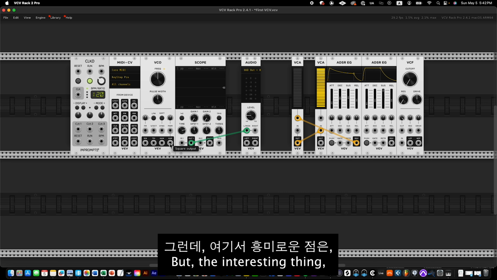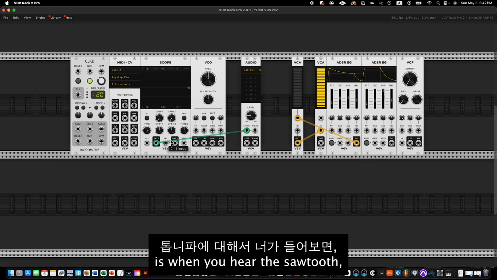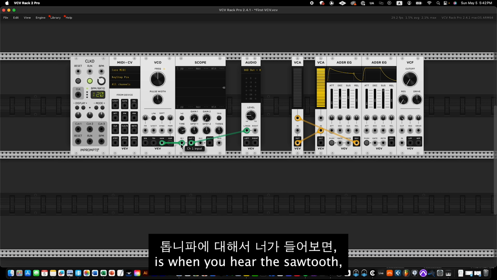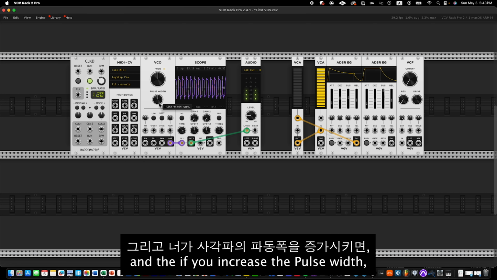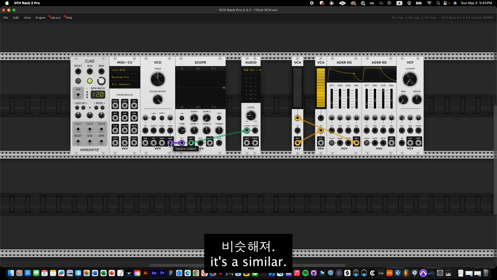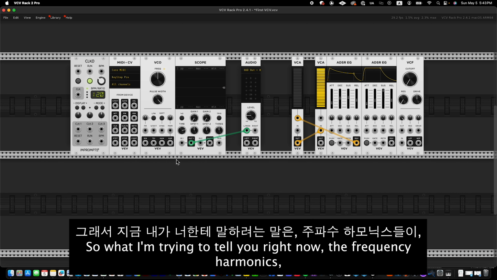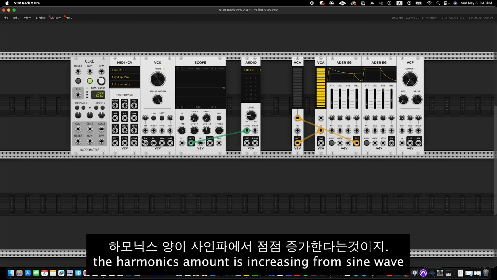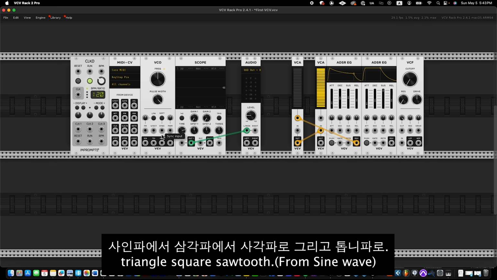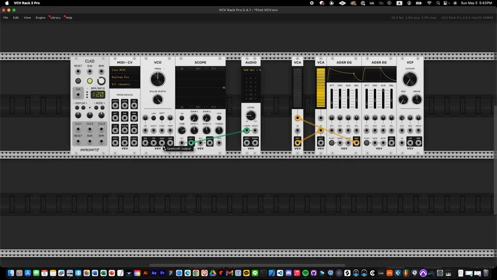But the interesting thing is, when you hear the sawtooth and the square, if you increase the pulse width, it's similar. What I'm trying to tell you is that the amount of harmonics is increasing from sine wave to triangle, square, and sawtooth.